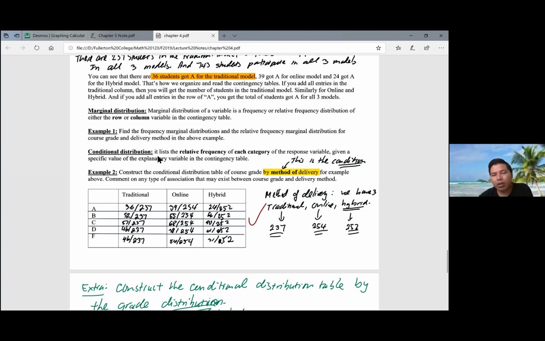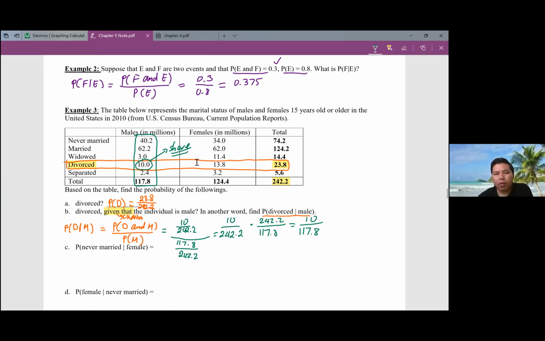So we did conditional probability before chapter 5, which is section 4.4, but we didn't have a direct definition of what conditional probability is about. But we looked at the conditional distributions table, and that's what we did. Now if I go back to chapter 5 and want to organize conditional distributions, I would take 40.2 divided by 117.8, and then 62.2 divided by 117.8, and then 10 divided by 117.8.